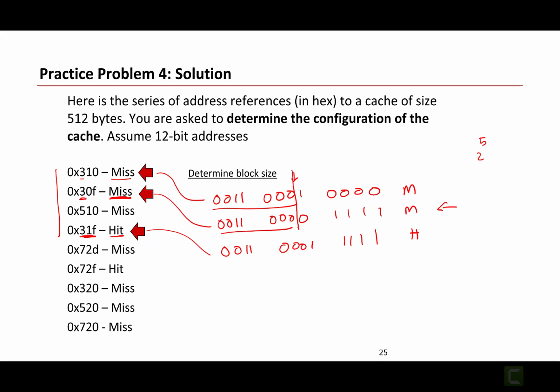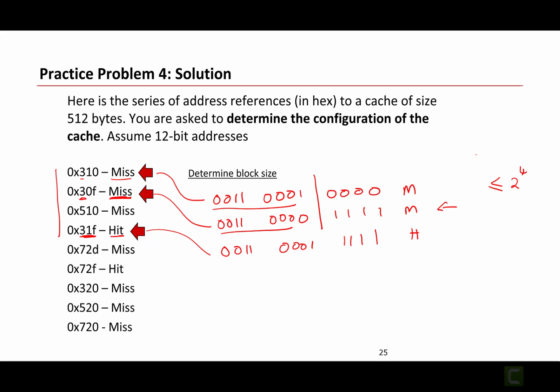Clearly they are not part of the same block, which means they should have different tags, which means clearly the block size has to be smaller than 2 to the power 5. Perhaps the block size cannot be bigger than 2 to the power 4. So from just these two accesses I can infer that the block size should be less than or equal to 2 to the power 4.